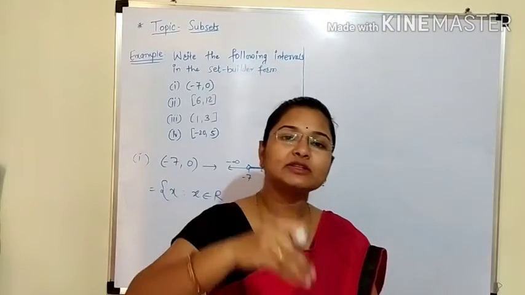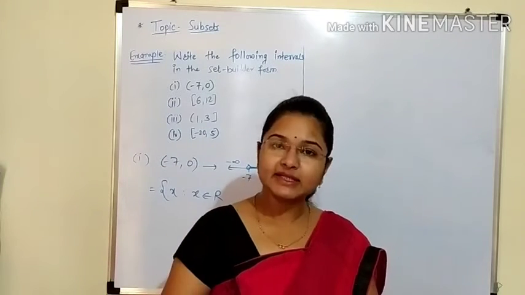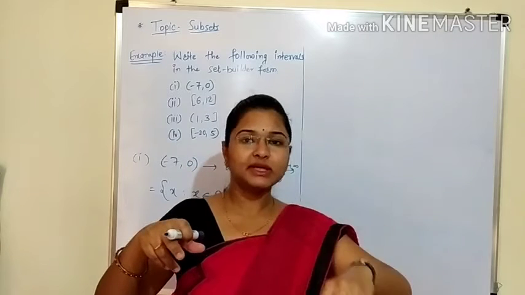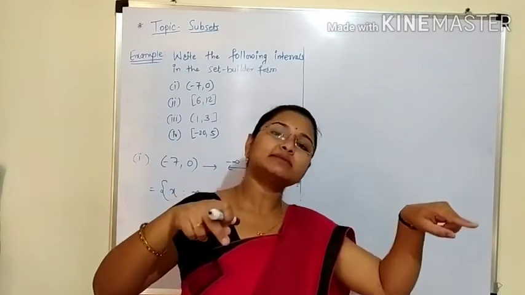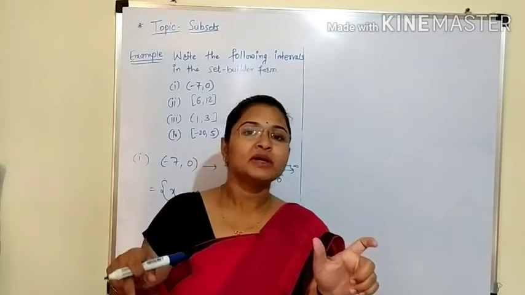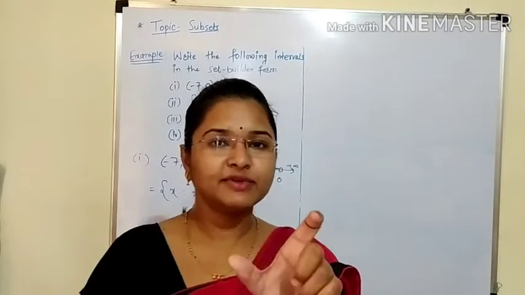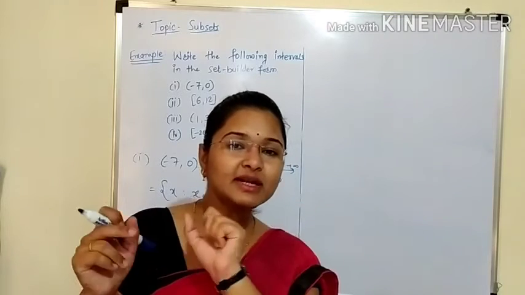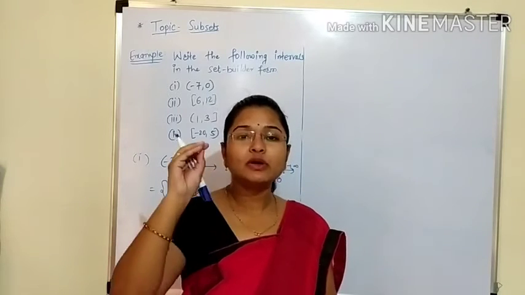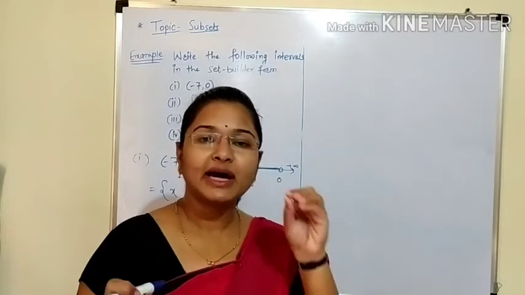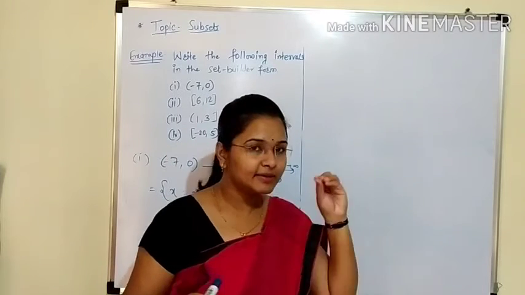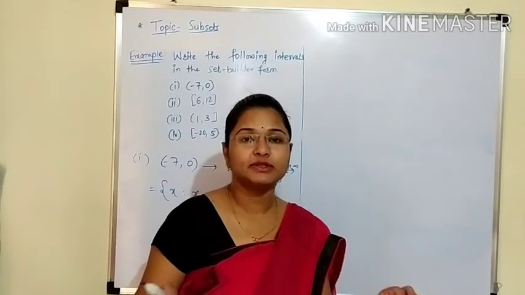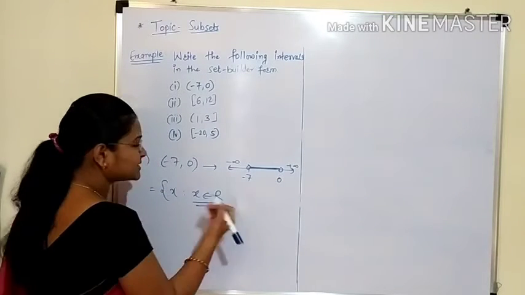If we write that x belongs to the set of integers, at that time it will take only 1, 2, 3, meaning it will jump directly to the next number. We call 1, 2, 3 discrete points. The numbers in between the discrete points it will not take. So please keep in mind that you have to write that the variable belongs to the set of real numbers. Okay, so this is very important, students.